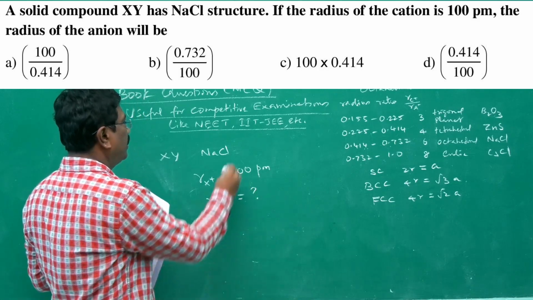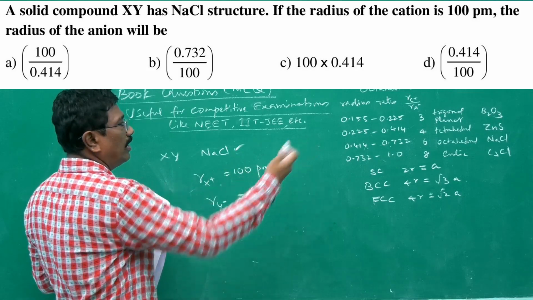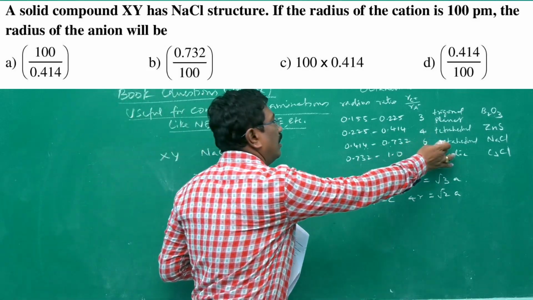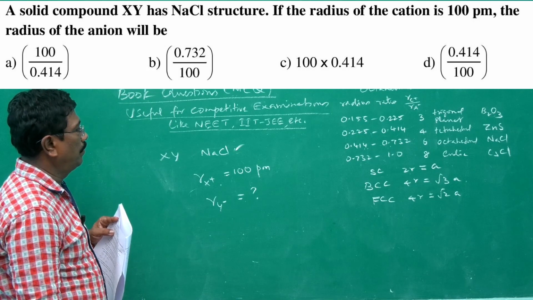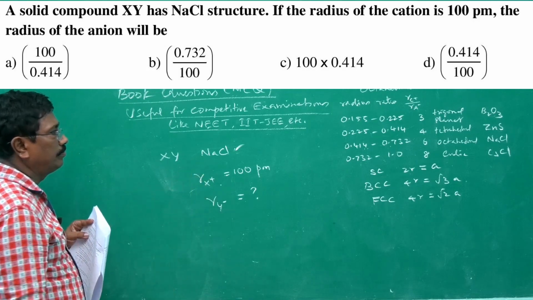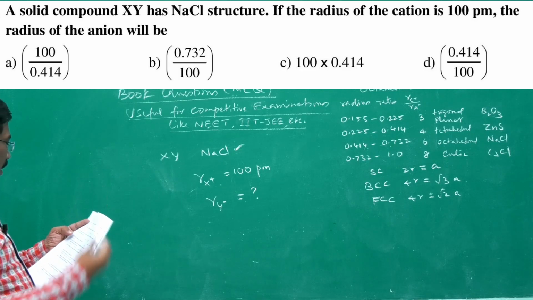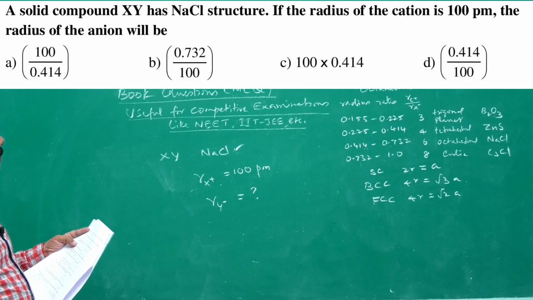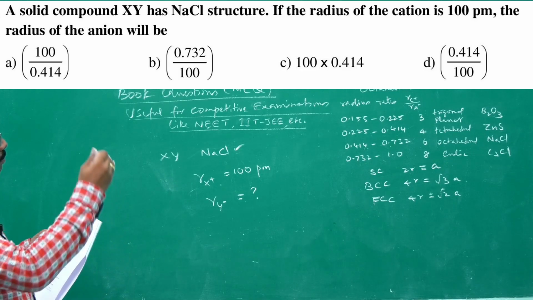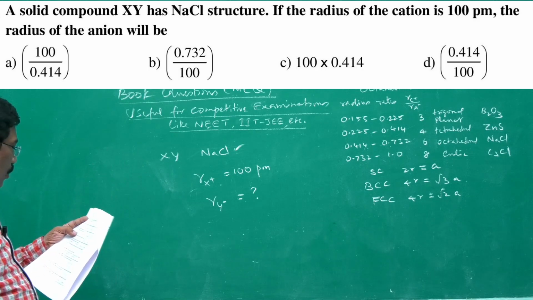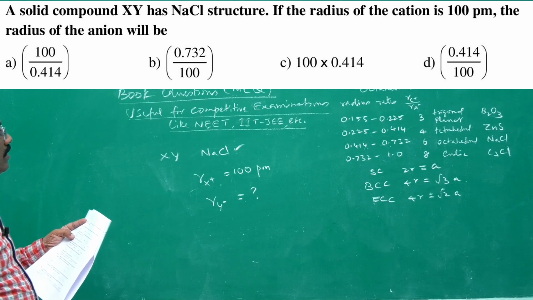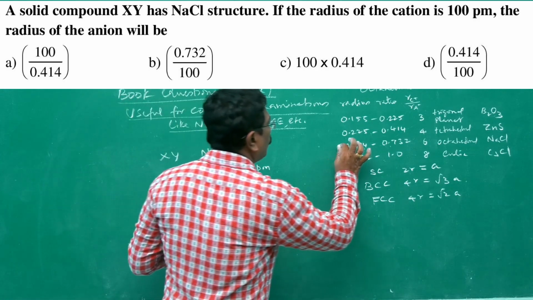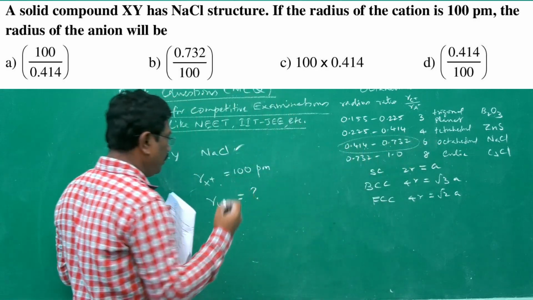Radius ratio, it is similar to sodium chloride, therefore coordination number 6, therefore octahedral, all those things we will be getting. So the value will be 0.414 to 0.732. Among the given values, anything within this range, if they give, we can accept.